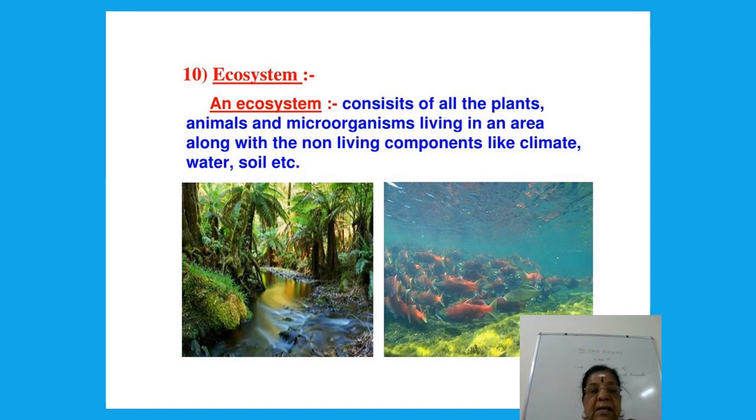So an ecosystem consists of all plants and animals and microorganisms living in an area along with non-living components like climate, water, soil, etc.